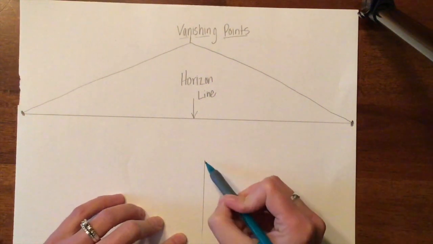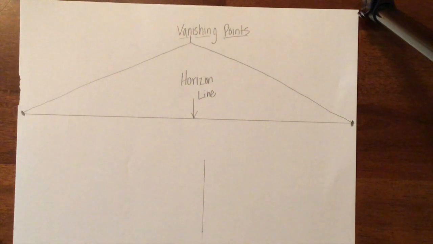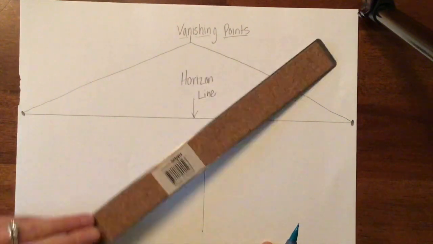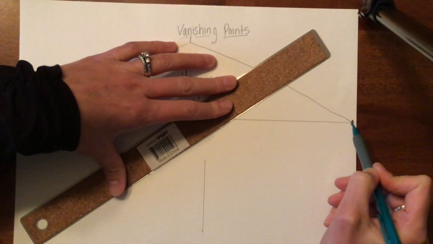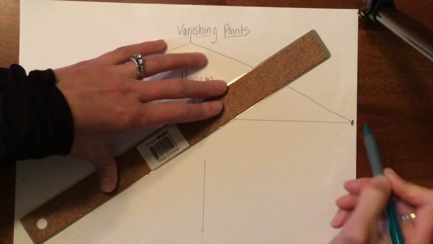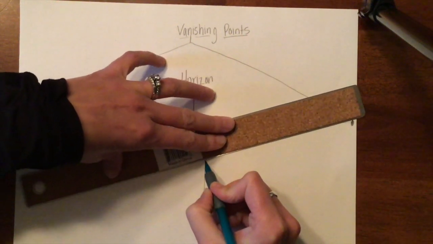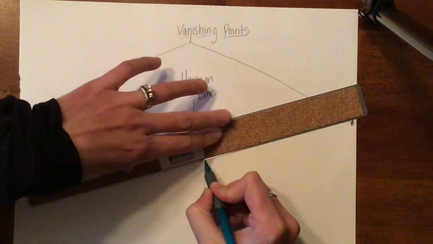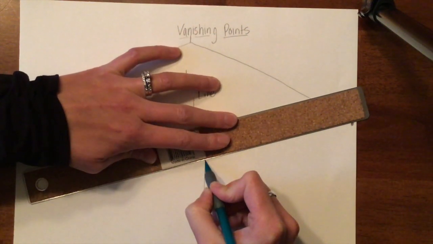Now, from the top and the bottom of the line, you need to draw lines that go towards the vanishing point, okay? So, top of the line, I'm touching my ruler to my pencil, and I'm also touching my ruler to that vanishing point.